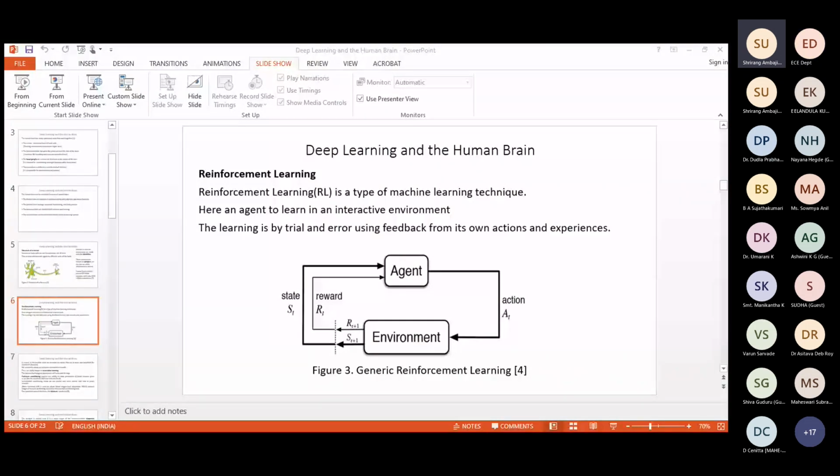What is a cue? It may be the sound of a bell that indicates food. Suppose there is a dog. As soon as you ring a bell, it indicates to the dog that it is going to be served food. Based on that, certain chemical reactions or hormones get activated in its brain, which is a kind of reward signal and makes it happy.